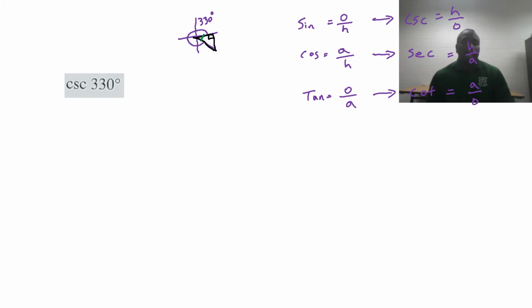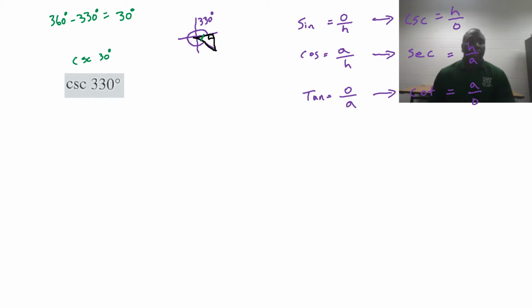Well, it's almost enough to make it to 360. So basically, we're trying to figure out how much do we have left to go to 360. So what we would say is 360 degrees minus 330 degrees gives us our reference angle of 30 degrees. So in other words, the cosecant of 330 is similar to the cosecant of 30 degrees. So we want to figure out what that is first.